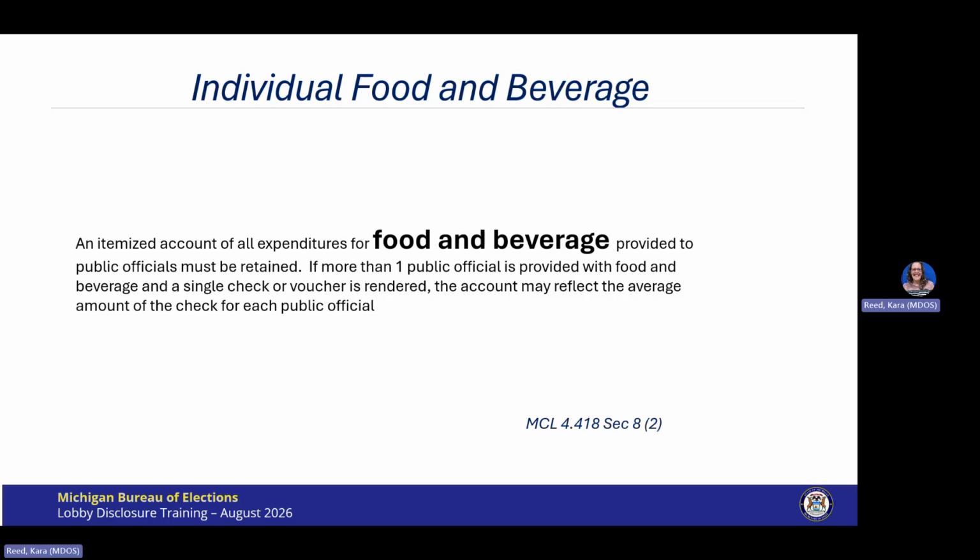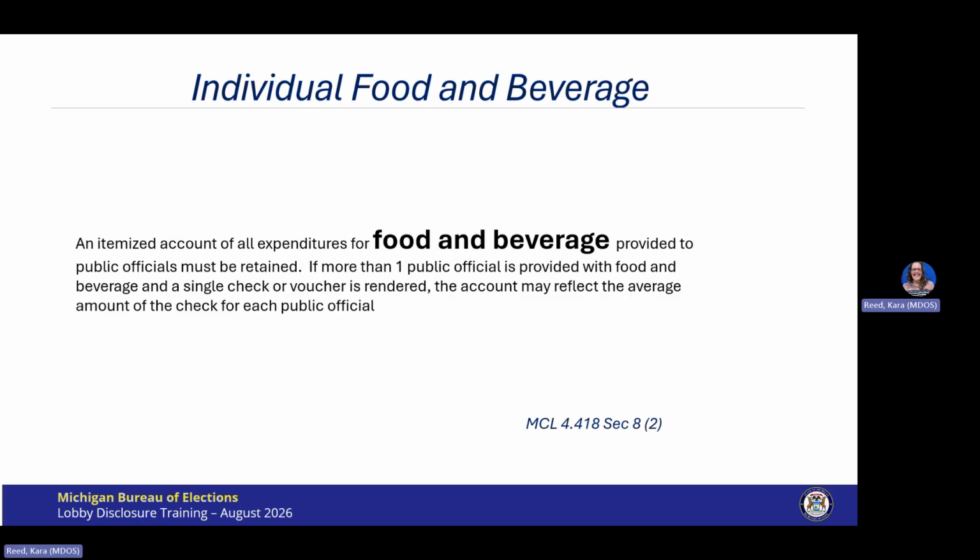The 2026 threshold value for this category is expending more than $79 in food and beverage purchased for a public official in any month, or more than $500 in food and beverage from January 1st through the end of the report period. The report shall include the name and title or office of the public official and the expenditures for that public official for the months covered by the report and for the year.